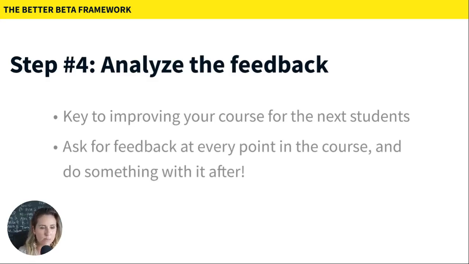Now, my hack for this, please go run with this: ask for feedback at every point in the course. So not only an intake and an exit survey, which some people do, but every module or every workshop you host, ask what was awesome, what was your big aha, and what was confusing. And if you ask your students that, then you can make adjustments right away.